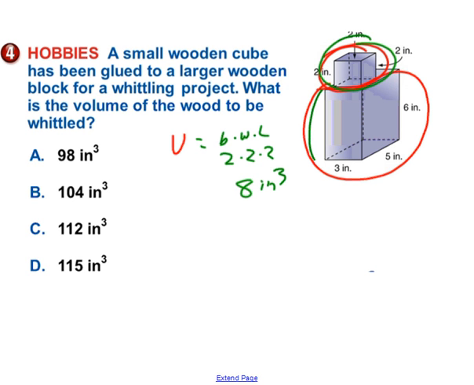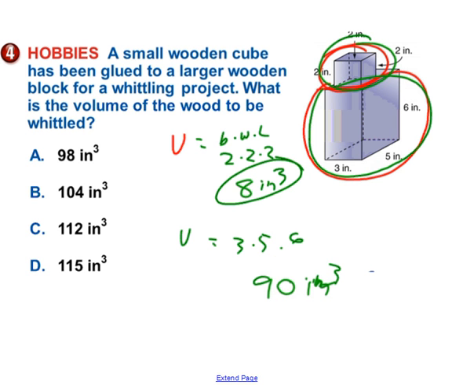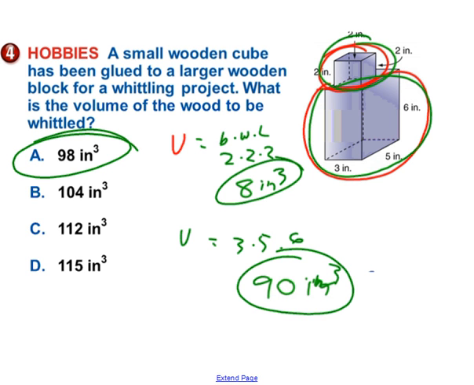The volume of the bottom one would be 3 times 5 times 6. 3 times 5 is 15 times 6, so it would be 90 inches cubed. 8 inches cubed plus 90 inches cubed is 98 inches cubed.